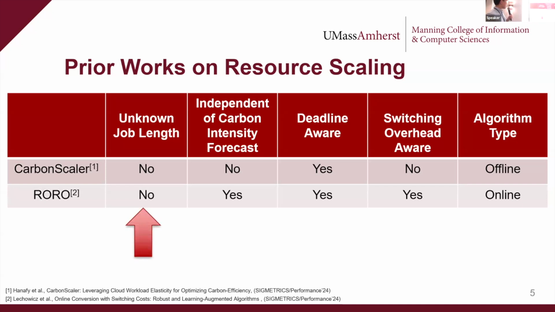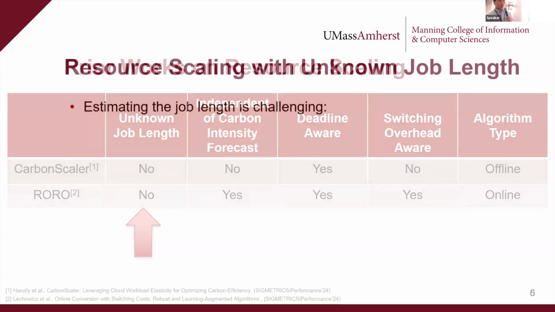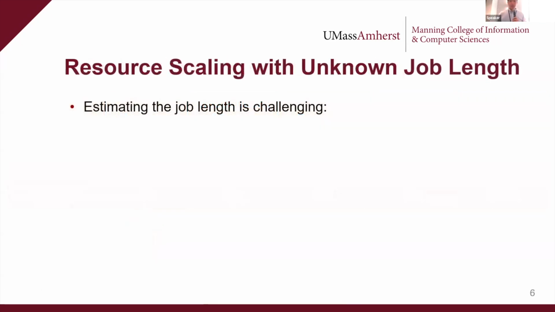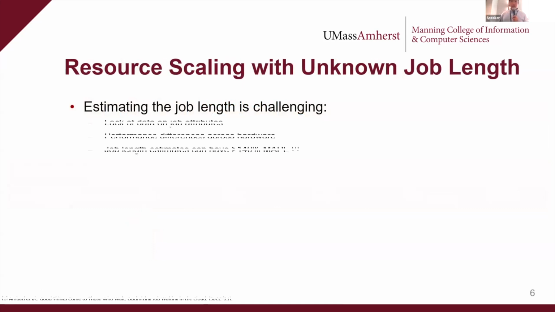Most crucially, both of these works need to know the actual length of the job that's being scheduled, and this has some issues, which we'll discuss now. Estimating the job length can be a challenge in cluster and cloud computing.